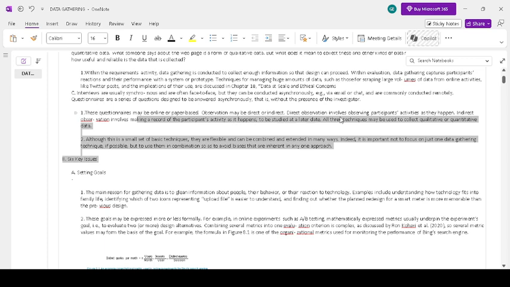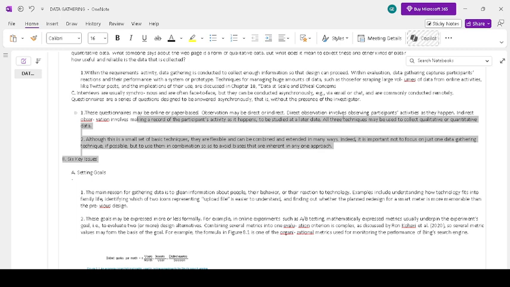So, observation is another way to get information. It could be observing the participants in the wild or on the job. So imagine you're on the job with your future colleagues, and you're new in a job.